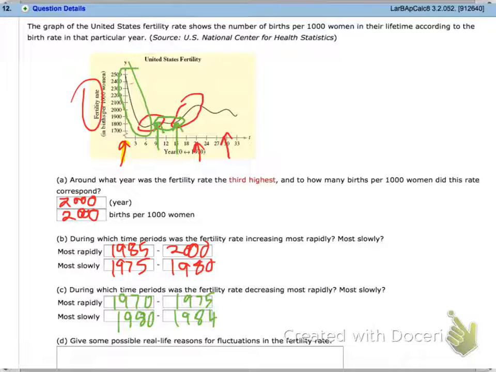Possible real-life reasons for the fluctuations in the fertility rate. Well, there are a lot of things that happened in those years. You could dig it up as far as history, but there were movements for rights, a lot of rights that took place, independence, things for women in general.